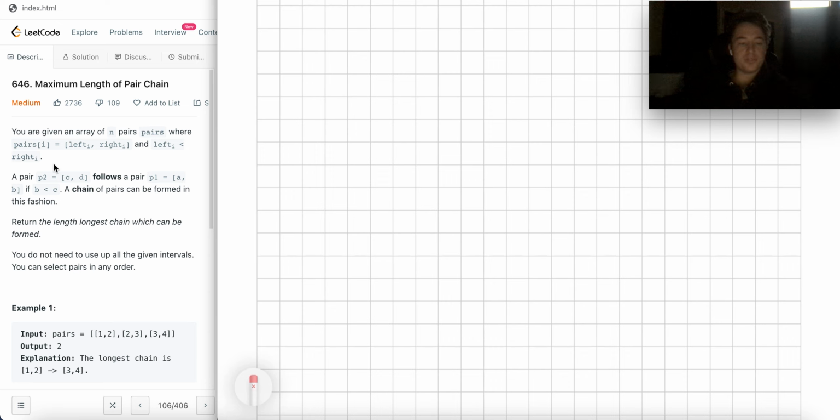A pair P2 follows pair P1 if B is less than C, and a chain of pairs can be formed in this fashion.